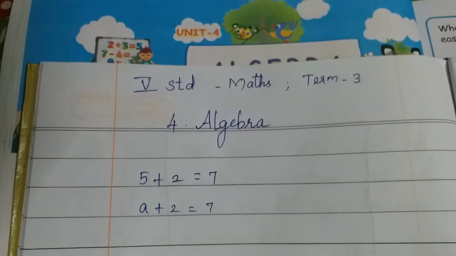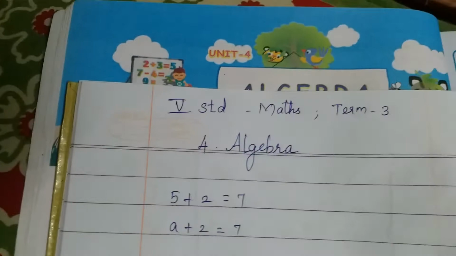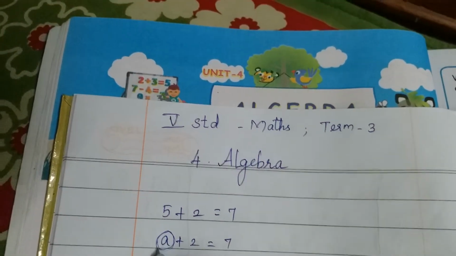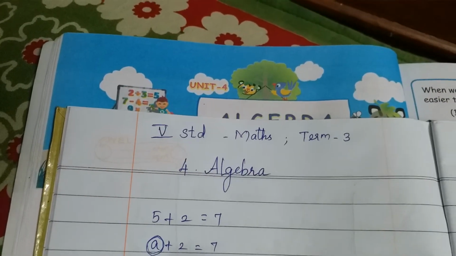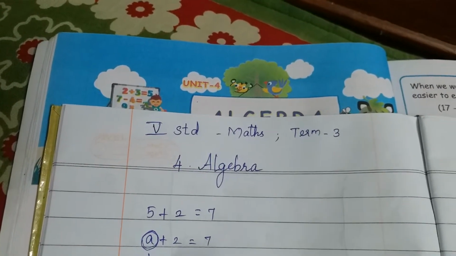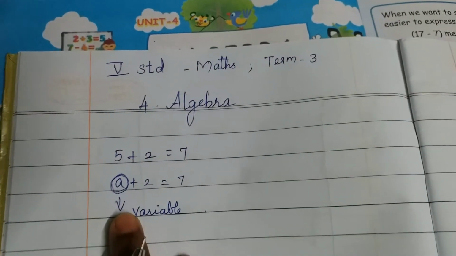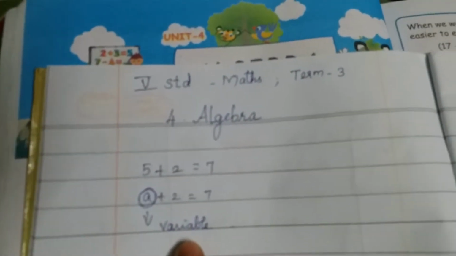Then we have to find the value of a. This unknown is called a variable. The letters that we use instead of numbers are called variables.